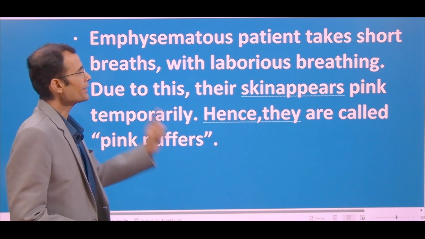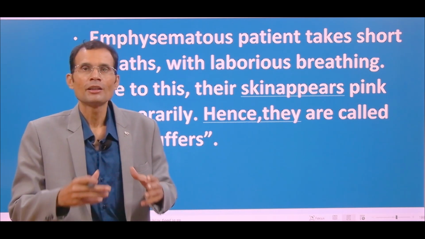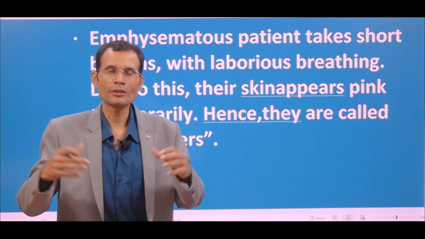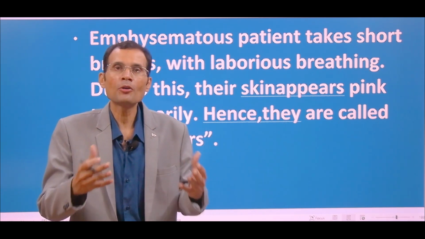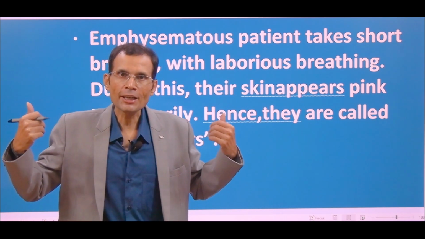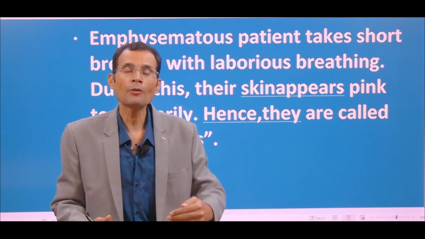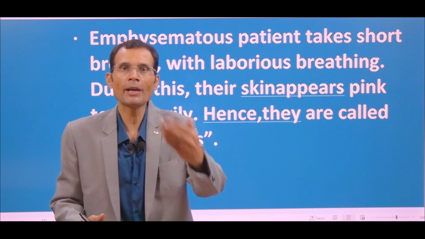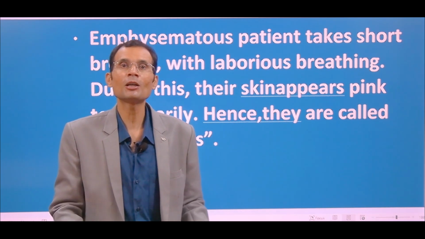Okay, emphysematous patients take short breaths. Look, they can inspire the air because lung compliance has increased. So a high amount is going in, but it cannot come out because of the early closure of the airways. So they have to take multiple short breaths to expel that air out, which was inspired during a single breath.